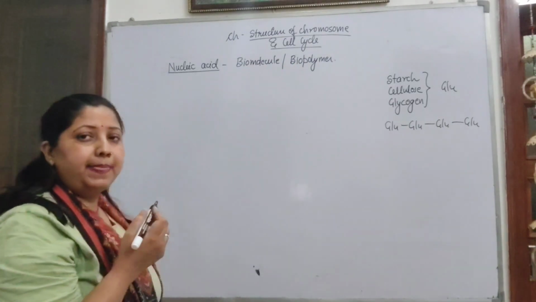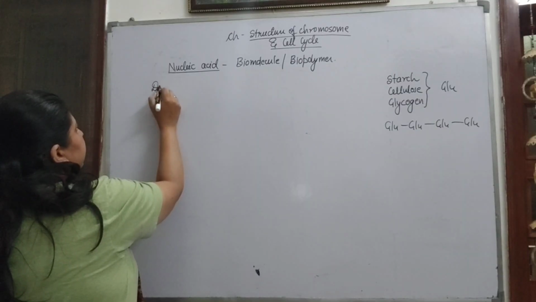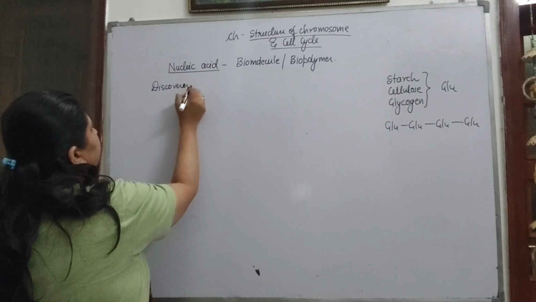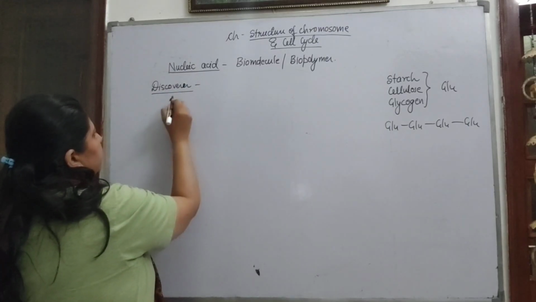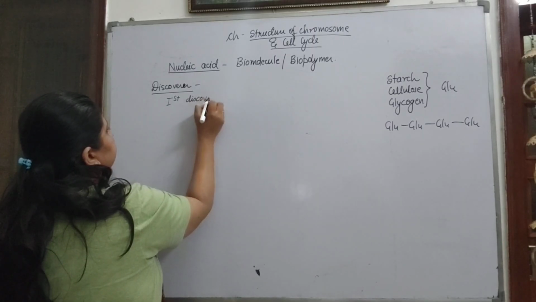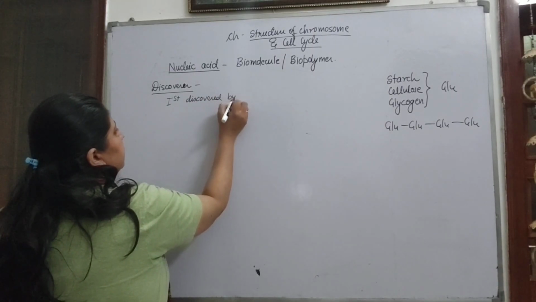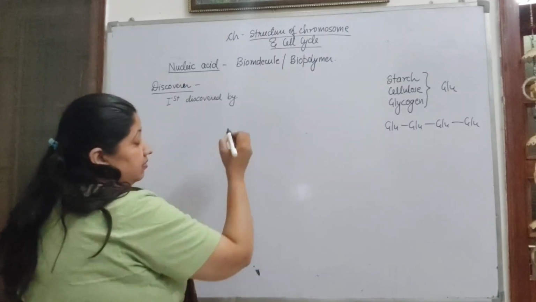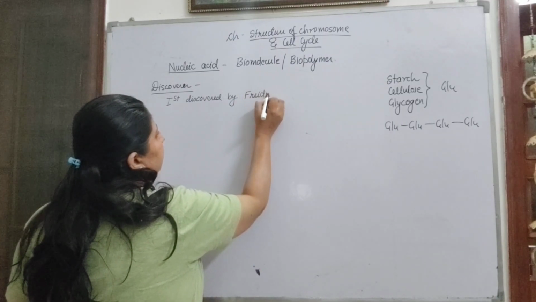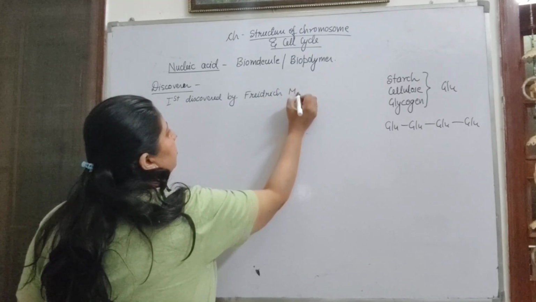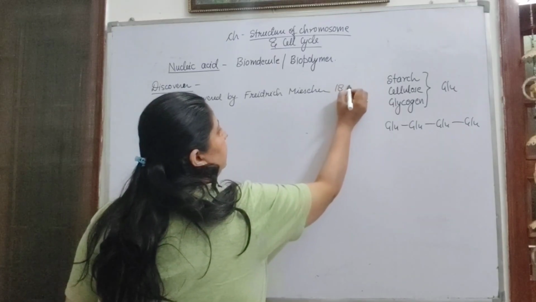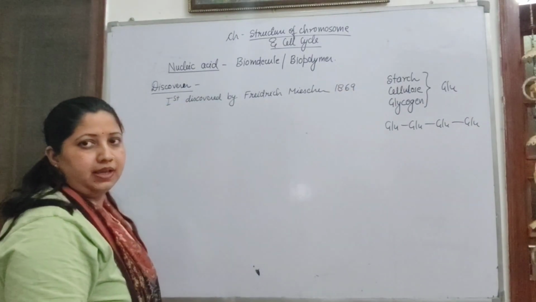Now, if we talk about the discoverer, nucleic acid was first discovered by a scientist, biologist, Friedrich Miescher, in 1869.